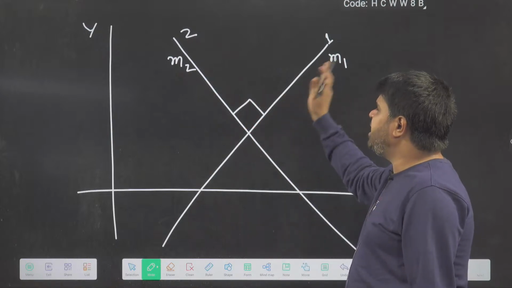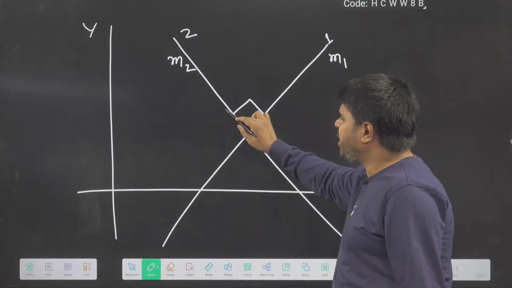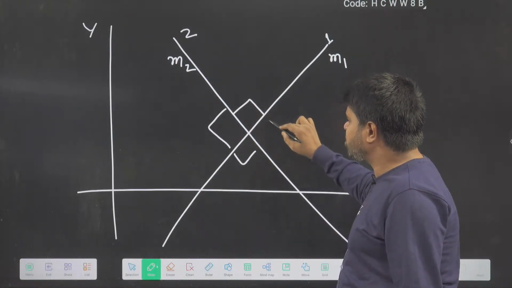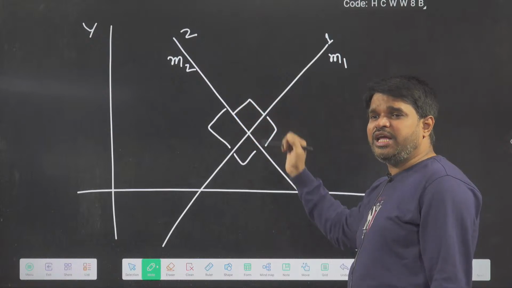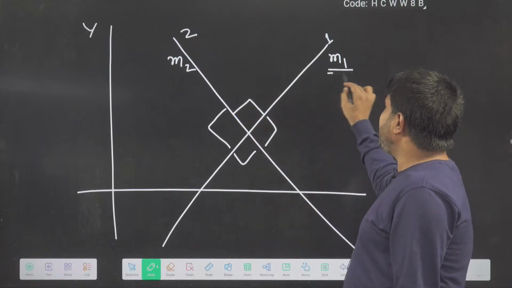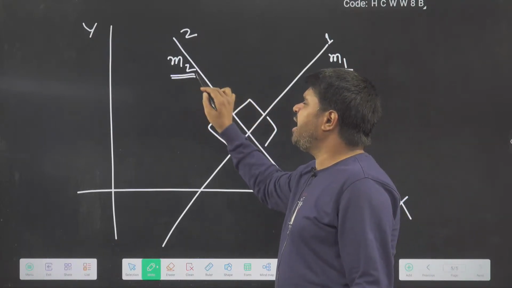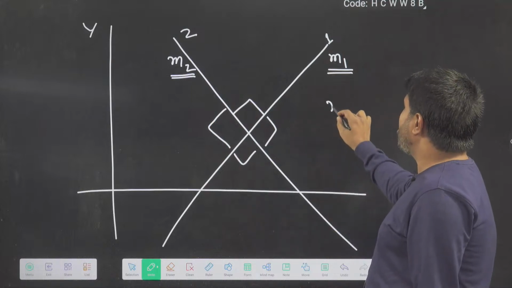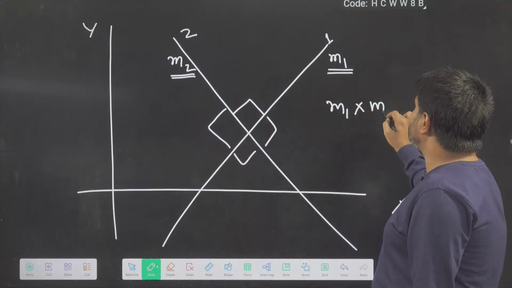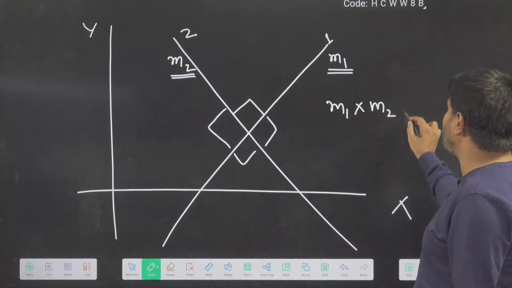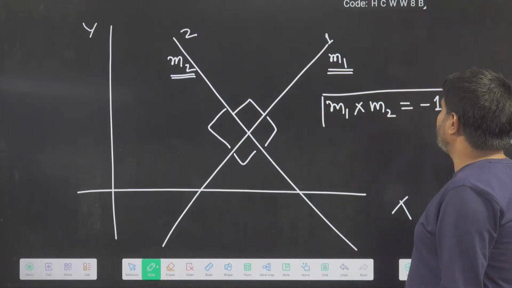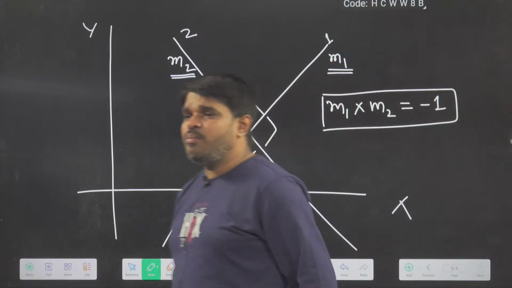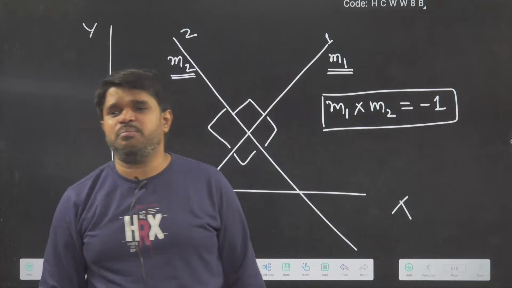This angle is 90 degrees, so the lines are mutually perpendicular, so this is also 90, this is also 90. If two lines are perpendicular and have slopes m1 and m2, then remember, the product of the slopes m1 into m2 is always equal to -1.